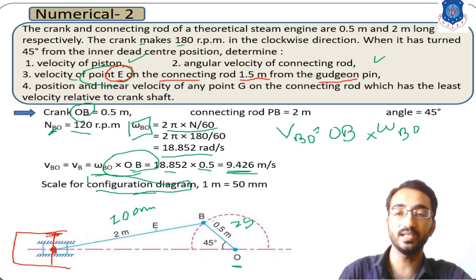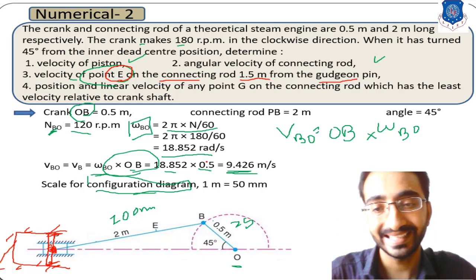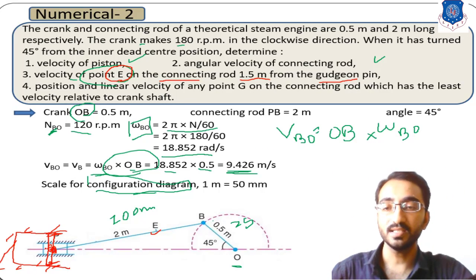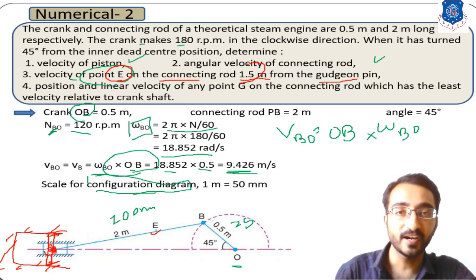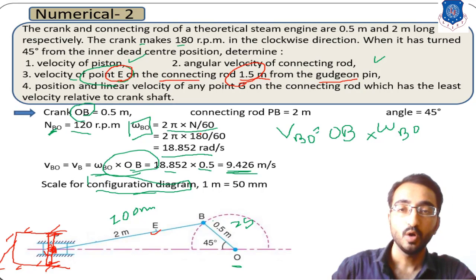If you consider over here, this one is your piston and this is your outer cylinder. To connect this connecting rod with your piston, always a Gudgeon pin is used, which is simply a pin connecting this connecting rod with this piston. Over here the length is given as 1.5 meter. So we have to convert this 1.5 meter with the help of this scale. Over here 1.5 meter will give you 75 mm.